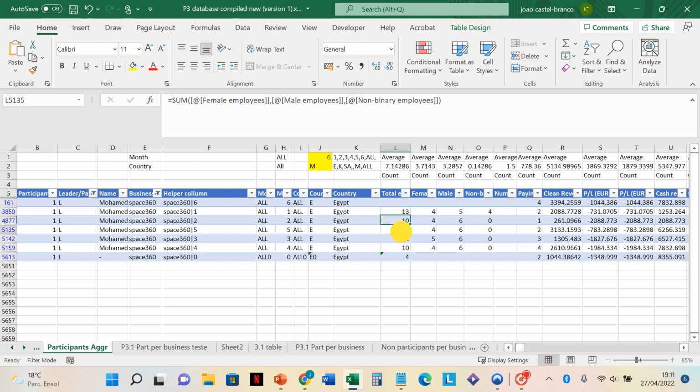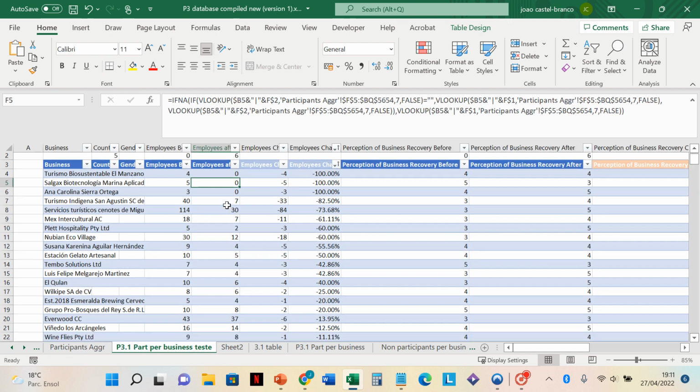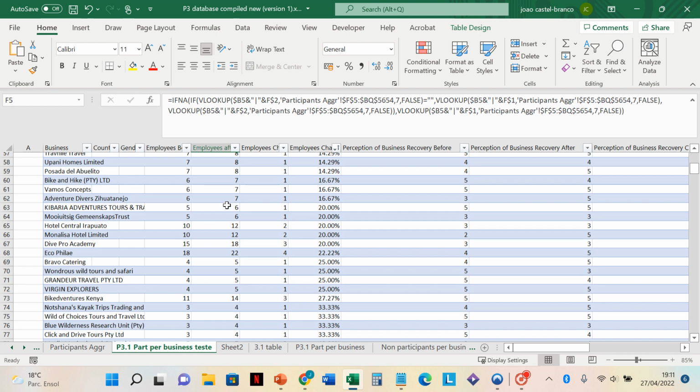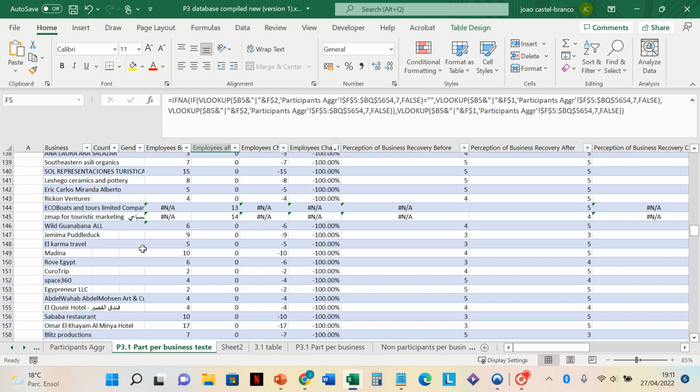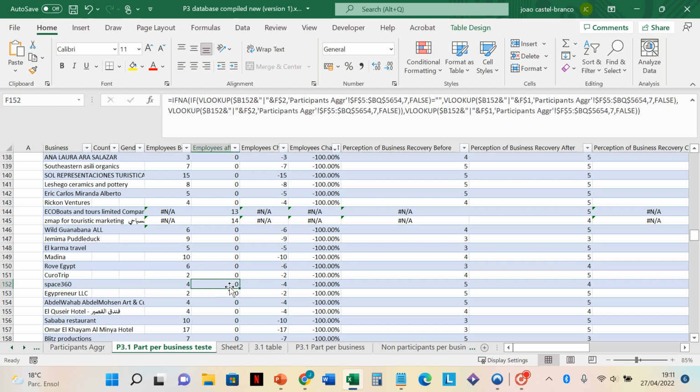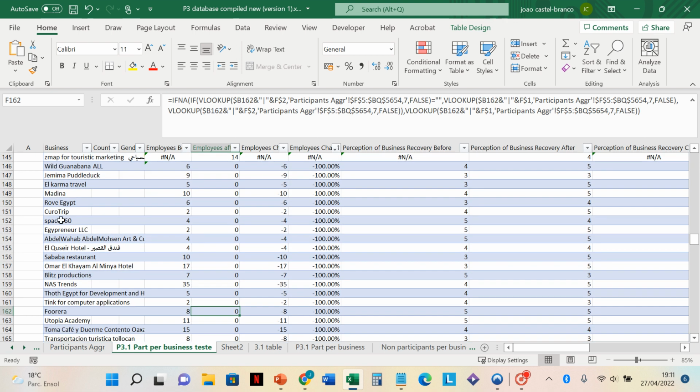And if it's blank, it goes to the 5 and takes the 5. But somehow this is not working because I'm going to space 360 here, space 360, and it doesn't happen. It doesn't happen for a lot of businesses. I checked, and it is all the same case, and it gives me a 0.